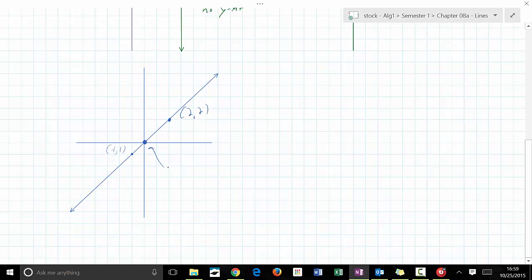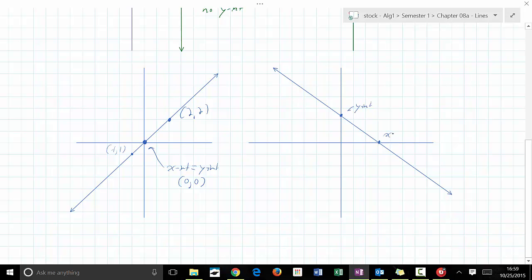Now this is a special case because the x-intercept is the same as the y-intercept. That's the ordered pair 0, 0. But here's another case where maybe I draw a random line like this. We don't have to look at where those are, but I can see I have both a y-intercept and an x-intercept.